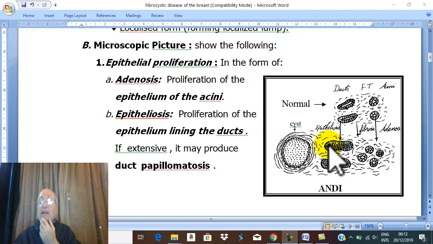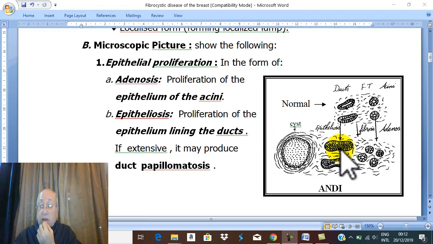Proliferation of the epithelial lining of the ducts is called epitheliosis. And if the condition is markedly exaggerated, proliferation inside the duct will produce duct papillomatosis, where all the affected ducts show papillary projections similar to duct papilloma.